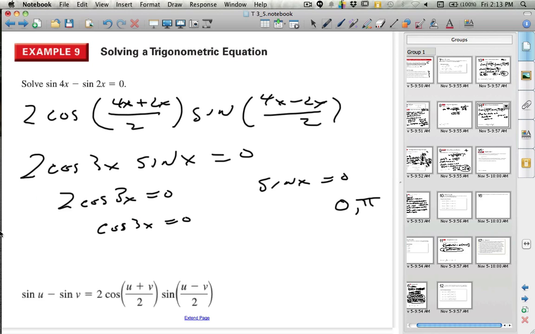So then the angle that would equal 0 for cosine, that would be the x-coordinates being 0, that would be 90, right? So 3x would be equal to 90 degrees, or actually pi over 2. And 3x would also be 3 pi over 2. So if we divide by 3, this would be pi over 6, and this would be pi over 2. Okay, so then these would be our solutions.